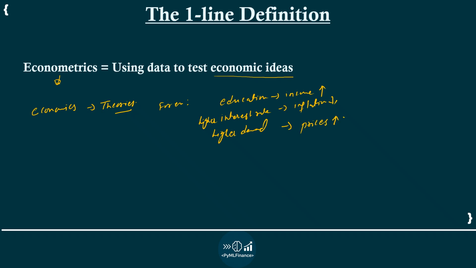But when it comes to econometrics, this comes in and asks you, is this actually true? Whatever the economic theories said, is this actually true in the real world? If it is true, how strongly is it true? So first, is it really true?